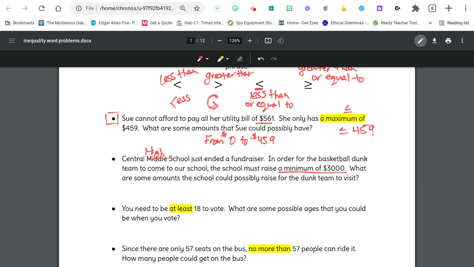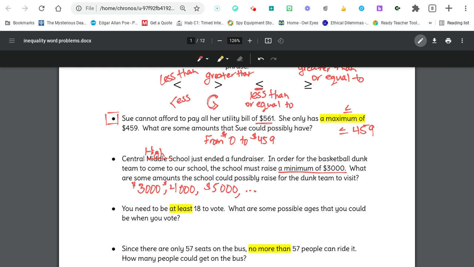So a minimum of $3,000 means they could raise $3,000, $4,000, $5,000, and so forth. Okay, a minimum of $3,000 means that's the smallest amount you could raise. You can't go any smaller than that.